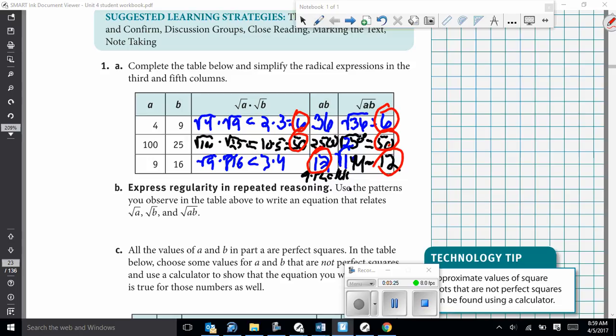So using the patterns you observe in the table, write an equation that relates the square root of A, square root of B, and the square root of AB. So just take a minute to ponder what it's asking, and write your answer as an equation.